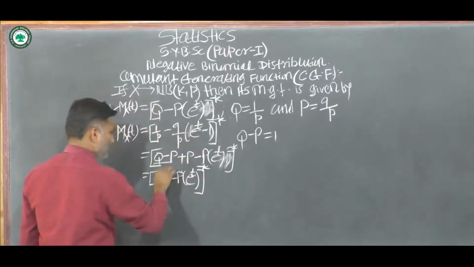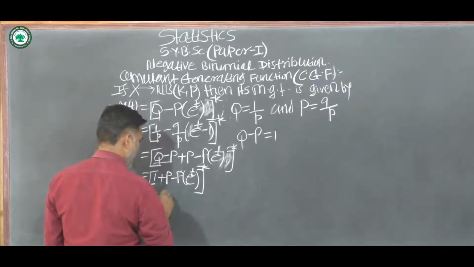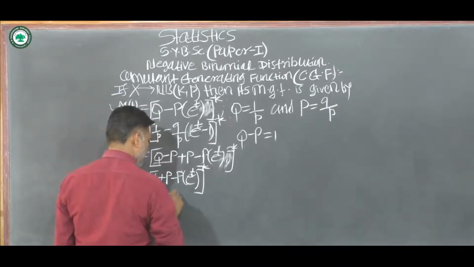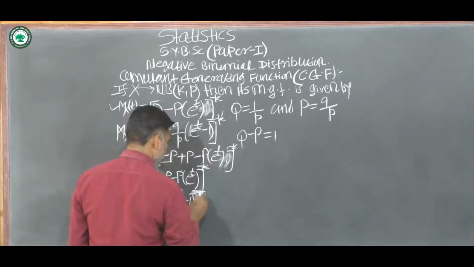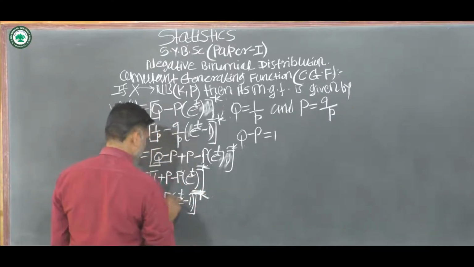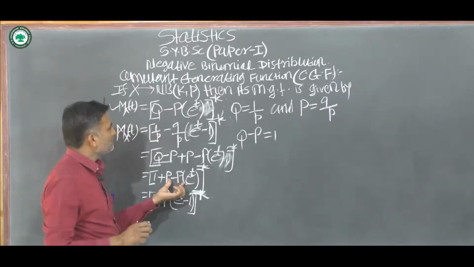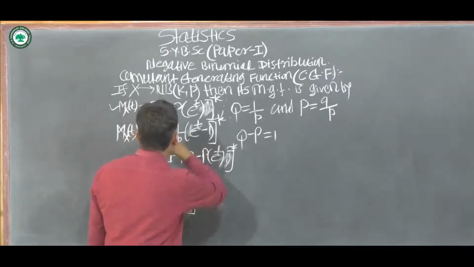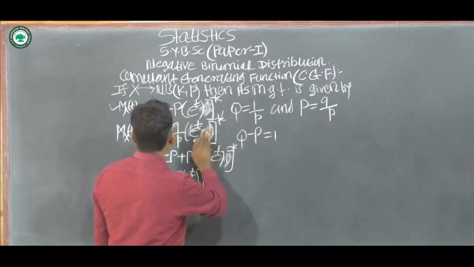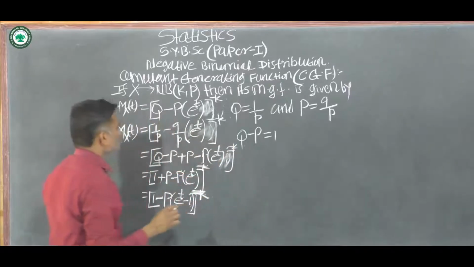Now from these two terms, minus P is taken common, so we get [1 minus P(e^t minus 1)] raised to minus k.